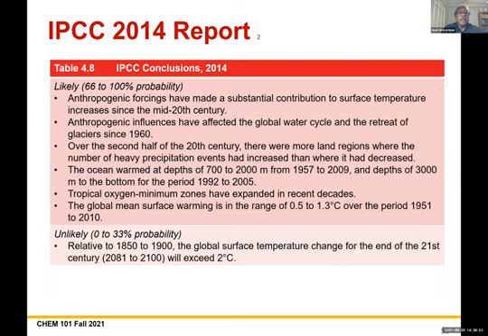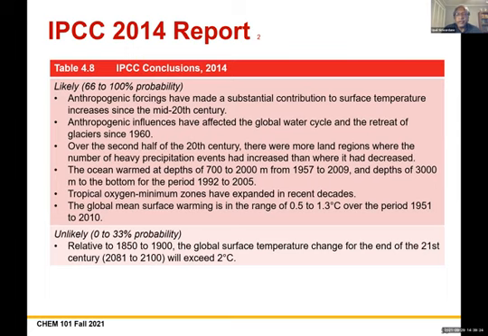Also, there is 60 to 100% probability that anthropogenic forcing has made a substantial contribution to surface temperature increase since the mid-20th century. Anthropogenic influence has affected the global water cycle and the retreat of glaciers since 1966.